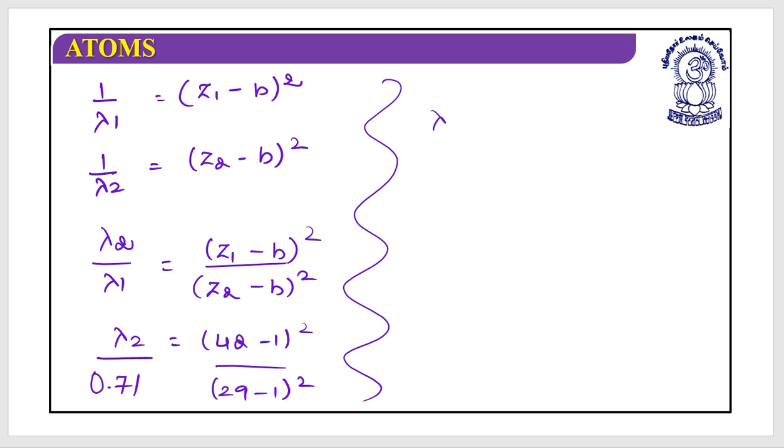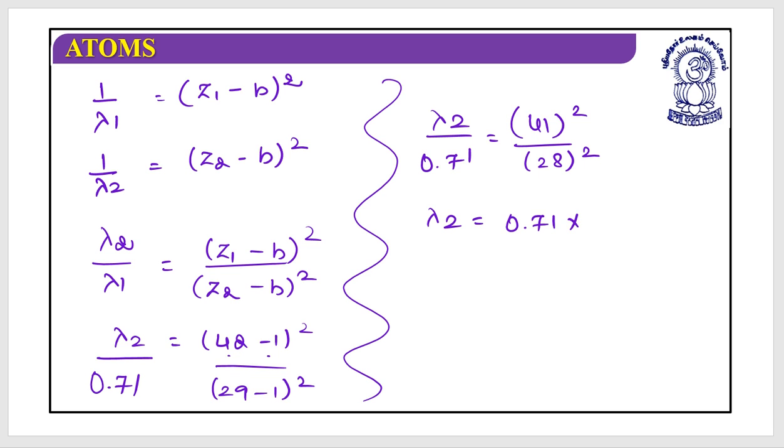From this, it could be written as lambda 2 by 0.71 is equal to 42 minus 1, it's 41 whole square divided by 29 minus 1, it's 28 whole square. So this is lambda 2, which is equal to 0.71 multiplied by 41 square divided by 28 square.